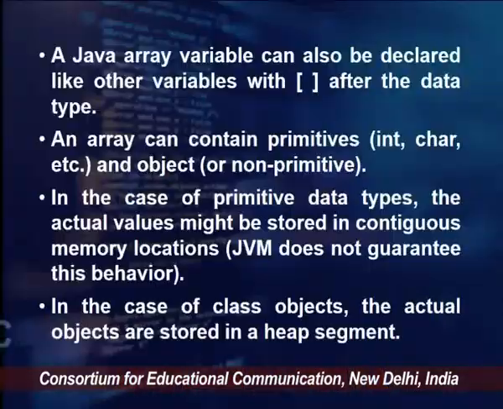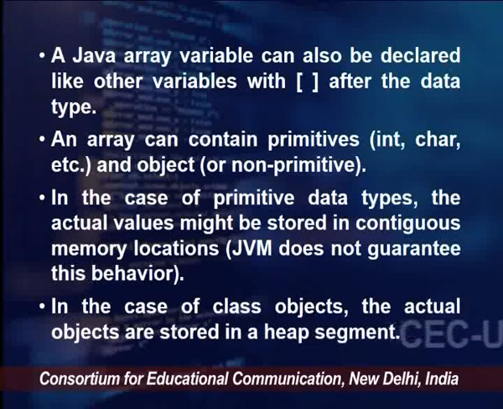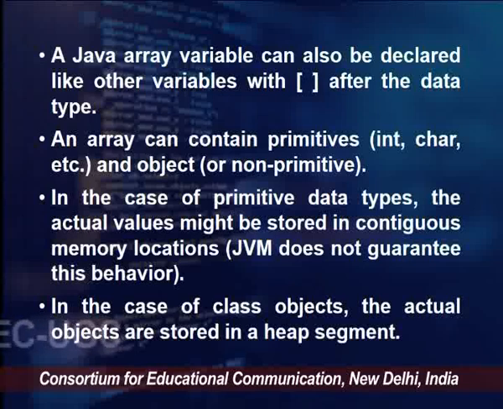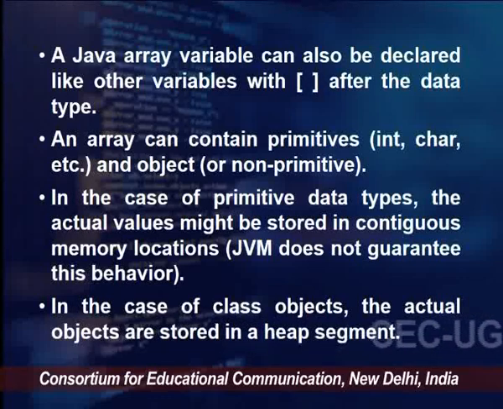Now, arrays in Java are considered objects, but they can contain primitives as well as non-primitives. So an array can contain a primitive, which could be integer, character, float, etc., and it could contain a non-primitive entity also, which is kind of an object.